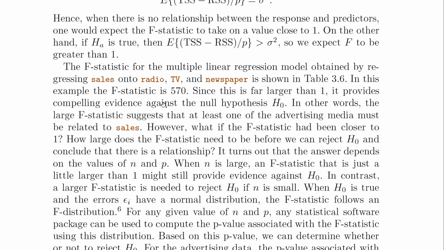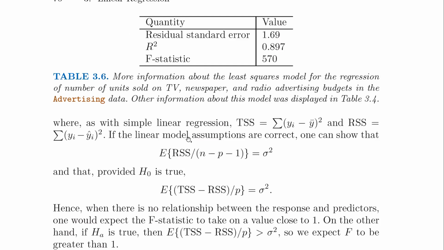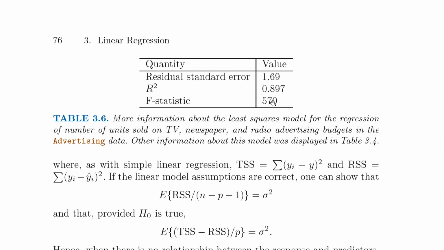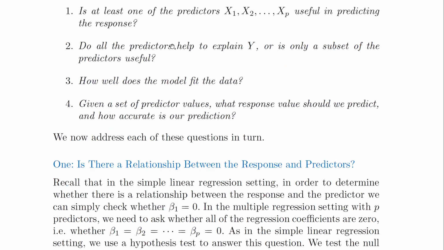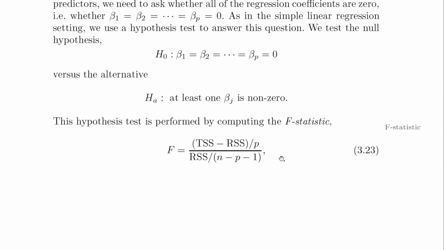The F-statistic for the multiple linear regression model obtained by regressing sales onto these 3 predictor variables, radio, TV, and newspaper, is shown in table 3.6. This is the F-statistic as calculated using this formula.